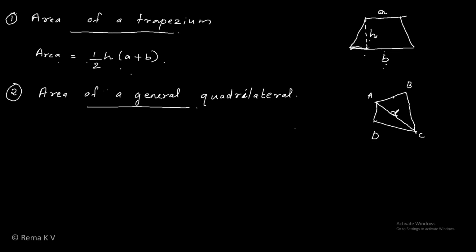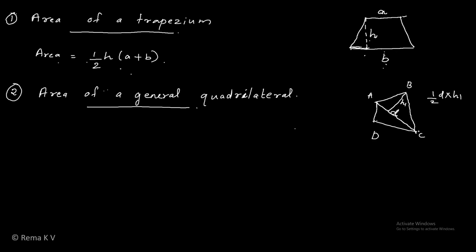If we consider triangle ABC, take AC as the base and the height from B to AC, this altitude, as H1. Then the area of this triangle ABC is half base into height, where the base is D and the height is H1.